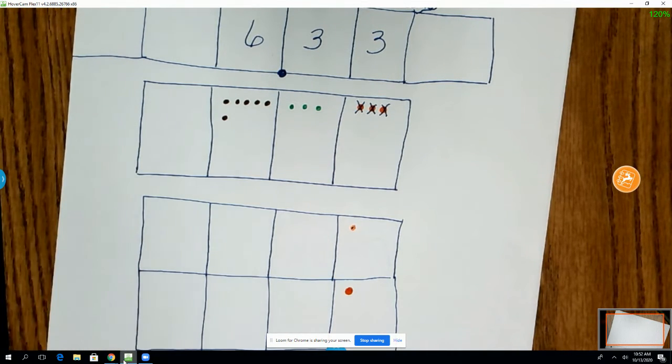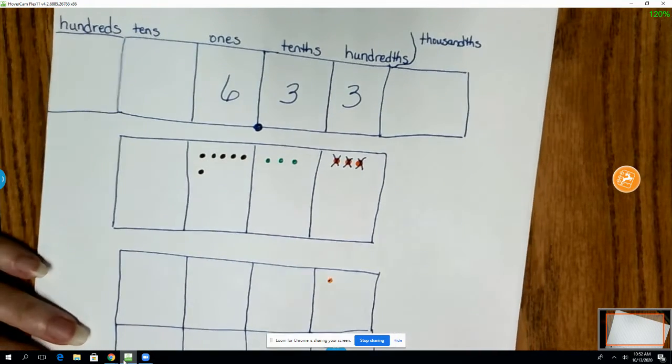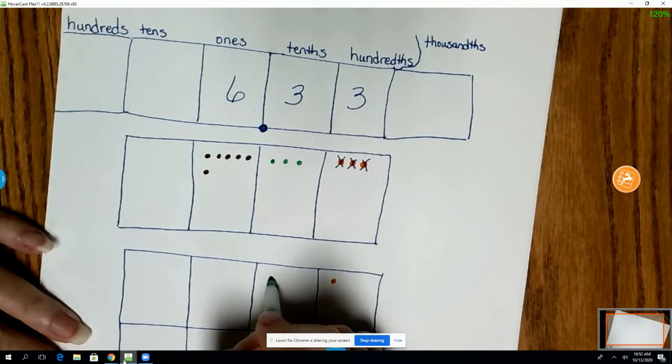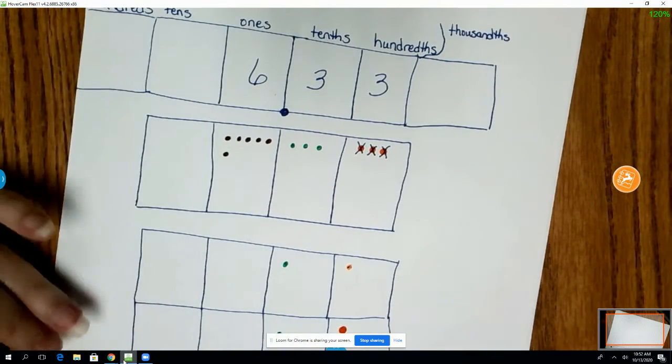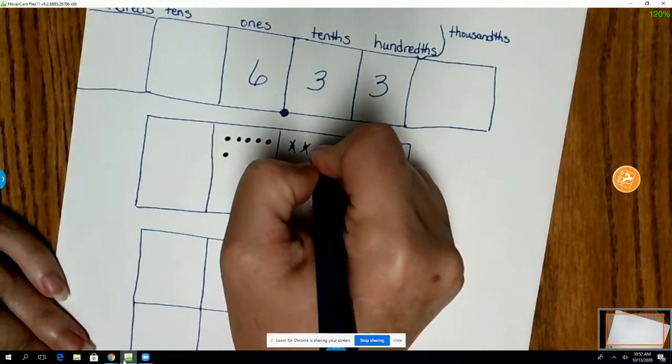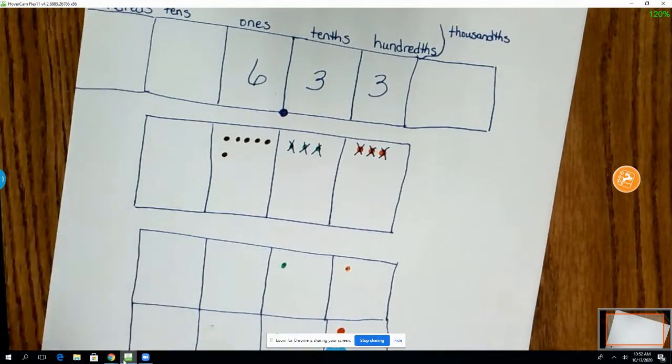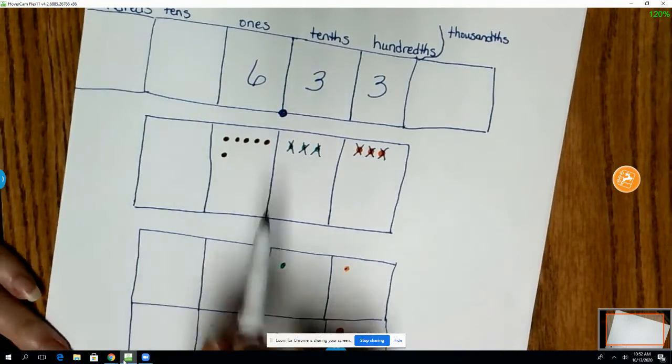So now I can divide up what I can of my tenths place. Oh, and I have 3 here as well, so that's going to divide pretty easily. And I have 6 of these.